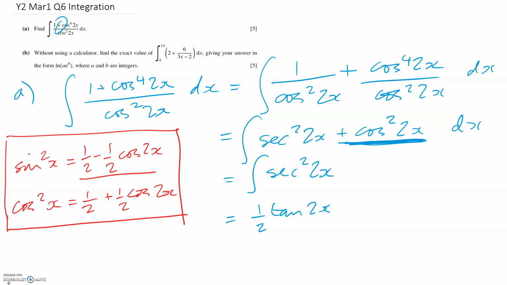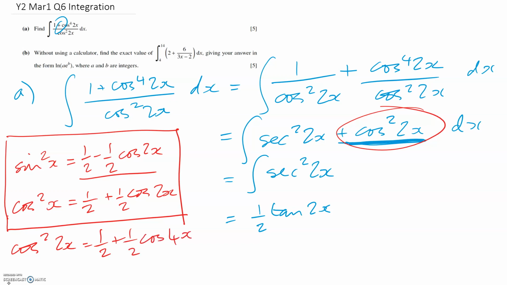So in this question, it's actually cos squared 2x. So cos squared 2x will be a half plus a half cos 4x. That just comes from replacing all the x's with a 2x. So now we can stick that in here, and we'll be able to integrate them.